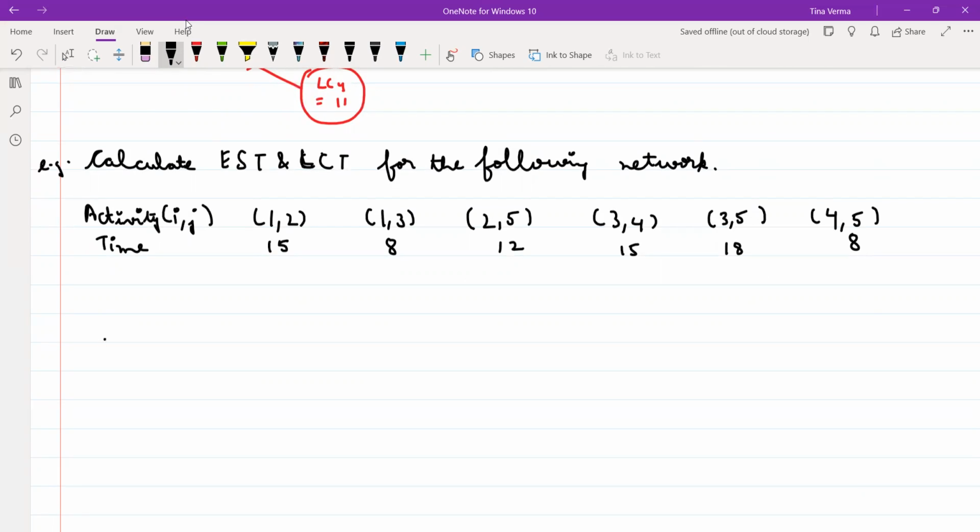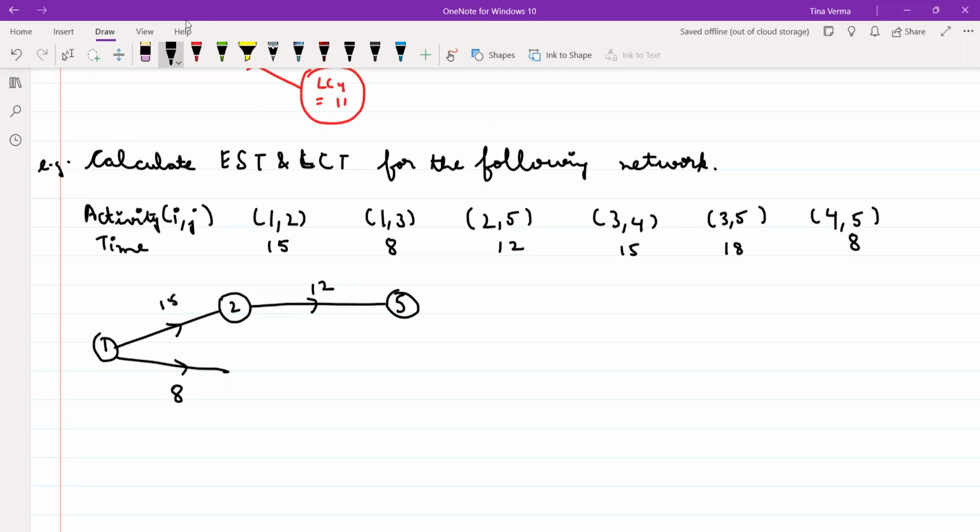So this is giving the first activity and second activity. The time required, this is your 15 units. For going from activity 1 to 3, I require time 8 units. For going 2 to 5, I require time 12 units.